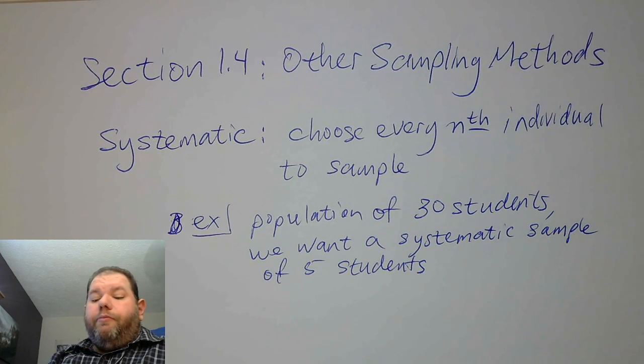Now, when we say we want to choose every nth individual, we also need to choose a starting point.